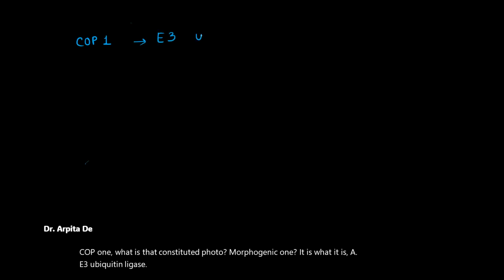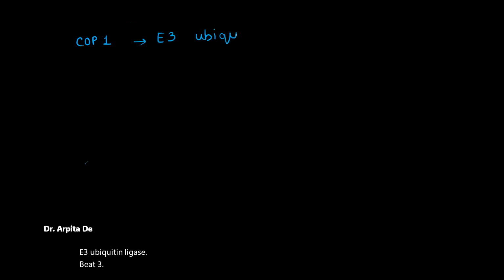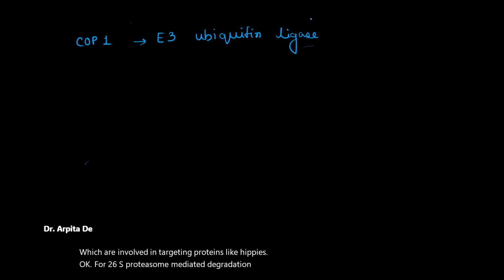COP1, what is that? Constitutive photomorphogenic 1. It is an E3 ubiquitin ligase, which is involved in targeting proteins like HY5 for 26S proteasome mediated degradation. It inhibits photomorphogenesis.